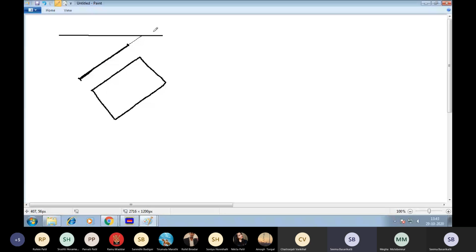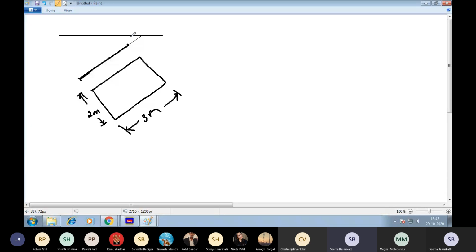The rectangular surface is 2 meter wide and 3 meter deep.